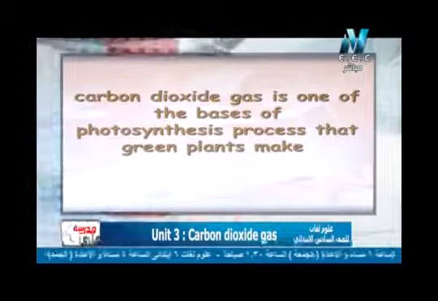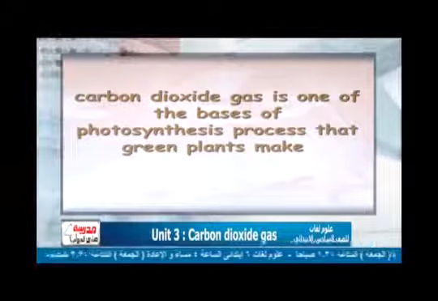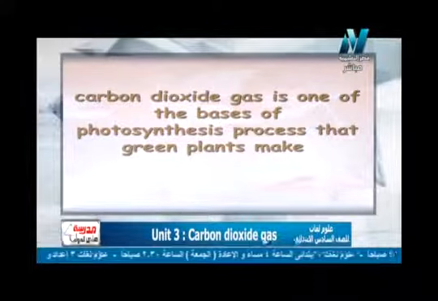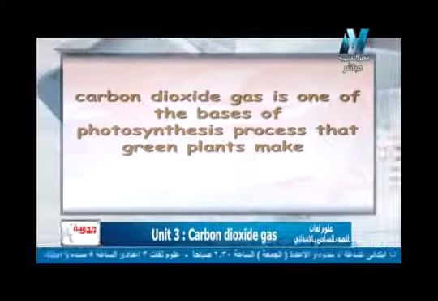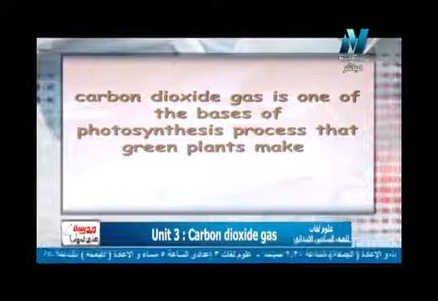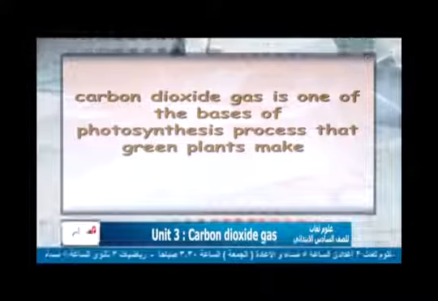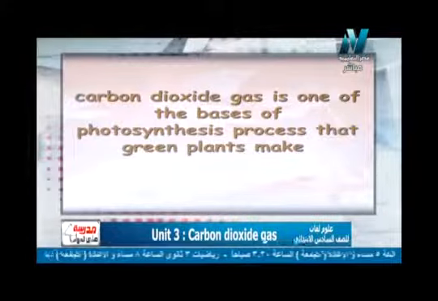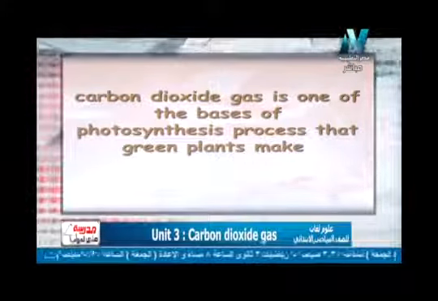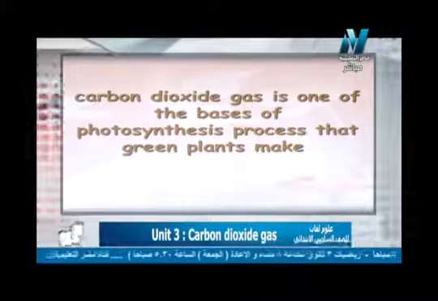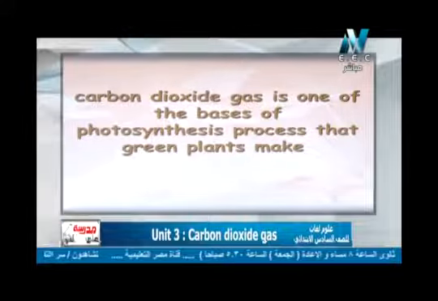Again, in photosynthesis the plant makes its food during the daylight only, by the use of carbon dioxide gas and in the presence of sunlight, and the plant also needs water and the mineral salts from the soil. So again, carbon dioxide gas is one of the bases of the photosynthesis process that green plants make.